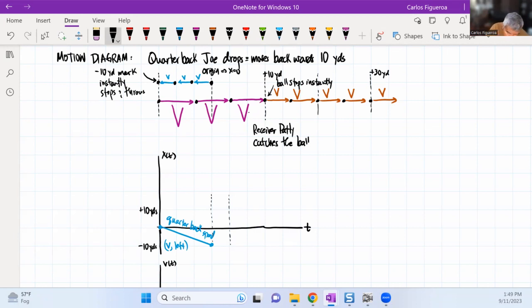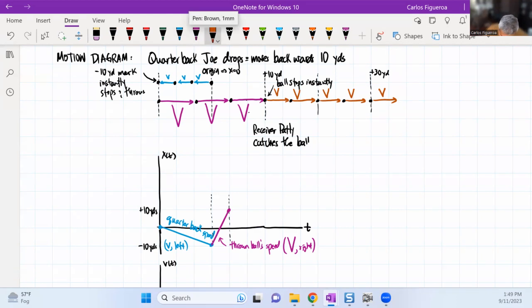Then when I look at my speeds here, I need to have a steep slope from there to there. So right here, we can now see that this is the thrown ball's speed. And how do we write this here? Well, that has a high speed and it's going to the right.